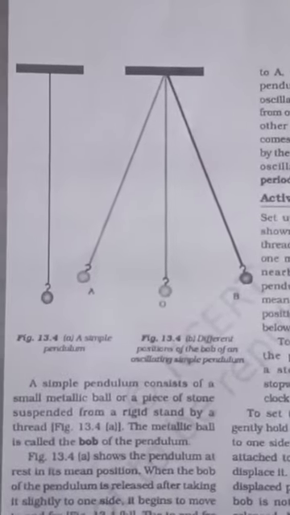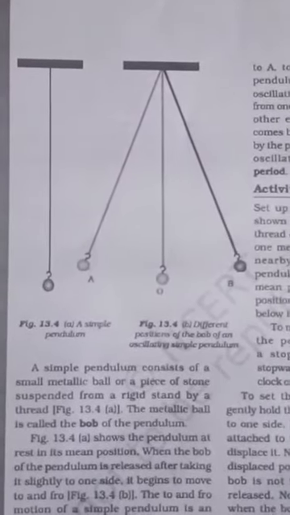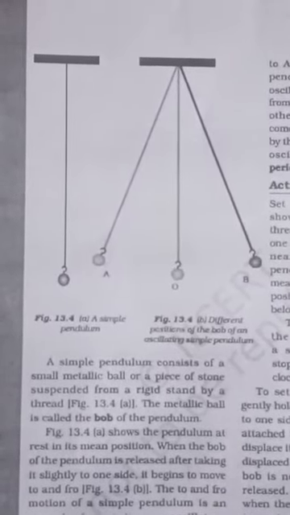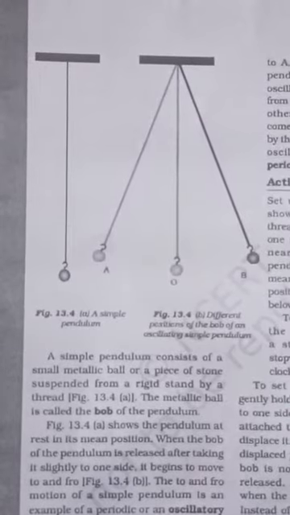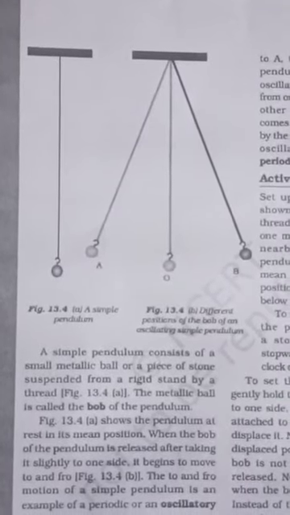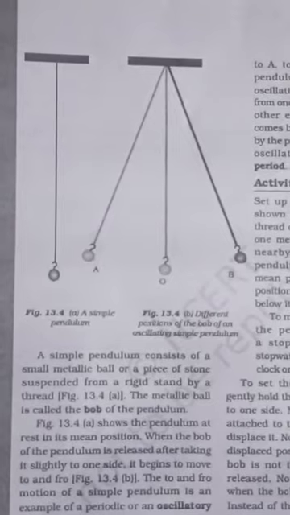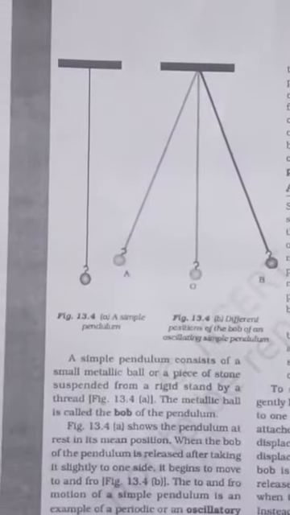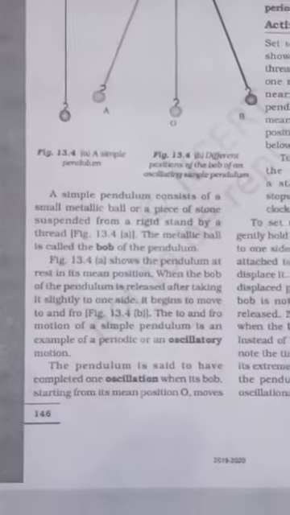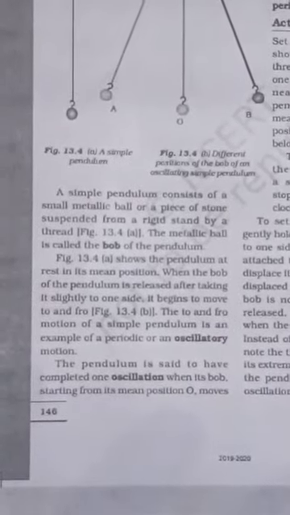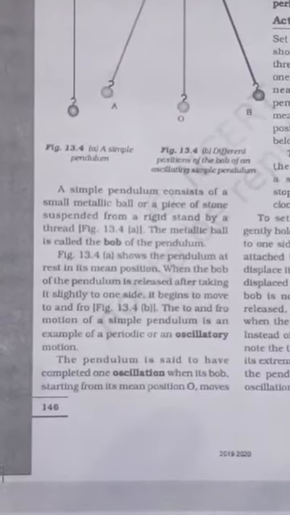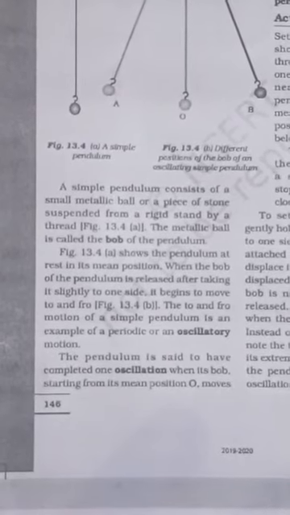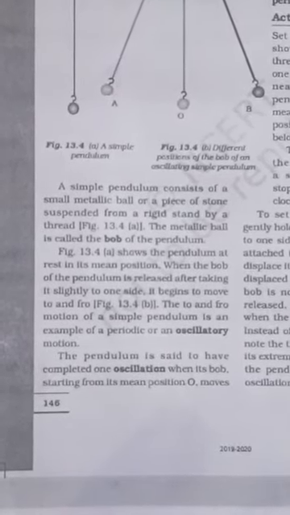A simple pendulum, students, consists of a small bob made up of either brass or copper. This metallic bob is called the bob of the pendulum. The pendulum oscillates from position O to B, from B back to O to A, and then A to O.